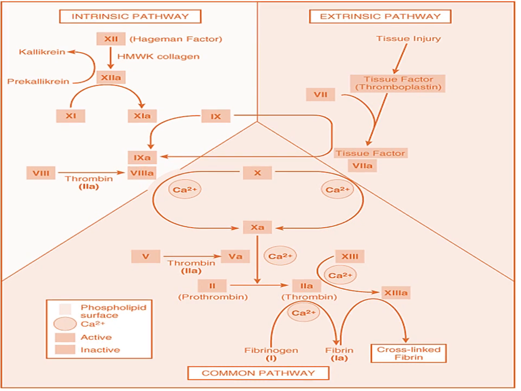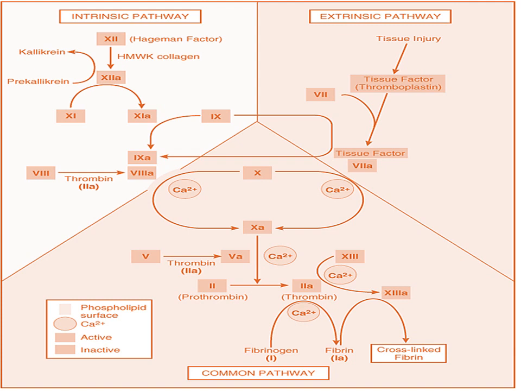Now let's discuss these pathways, the extrinsic pathway and the intrinsic pathway. We'll start with the extrinsic pathway. The extrinsic pathway is activated when there is damage to the blood vessel, resulting in the secretion of factor 7. As you can see in the top right corner, there is a tissue injury resulting in the secretion of factor 7.